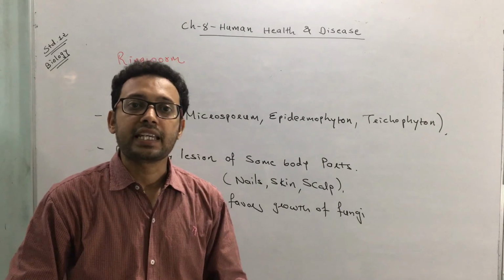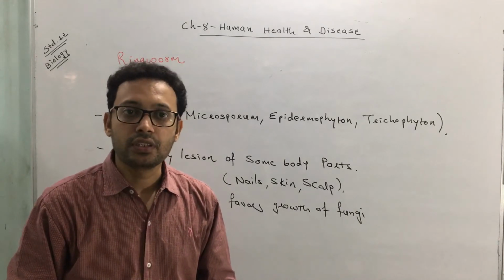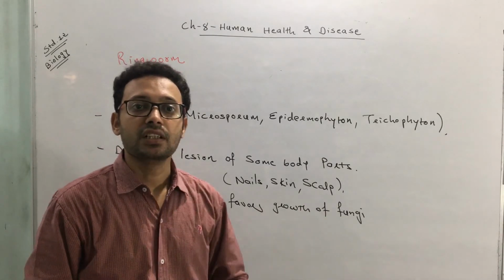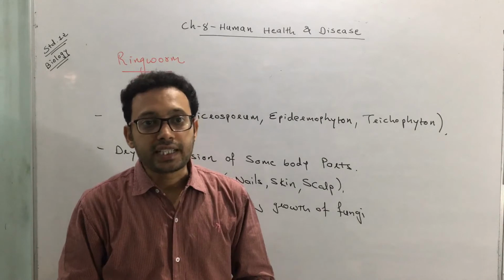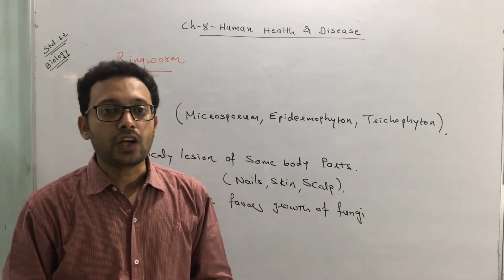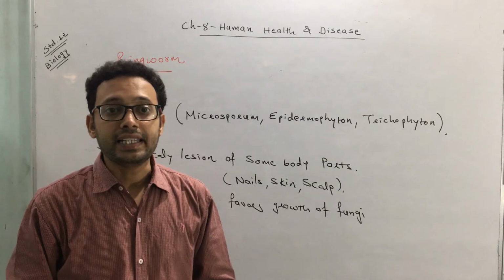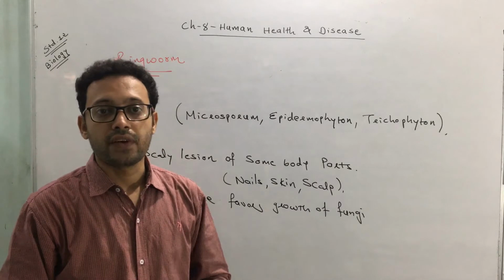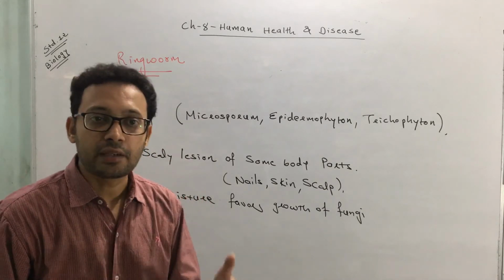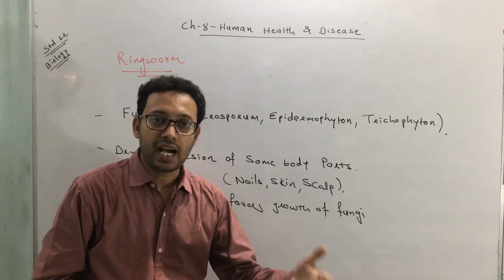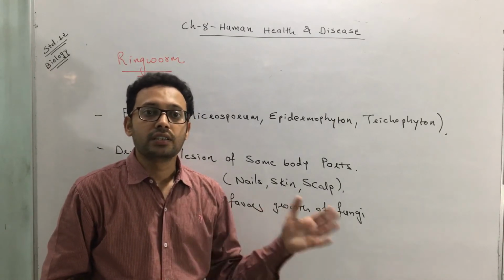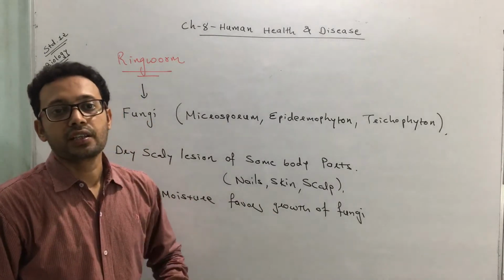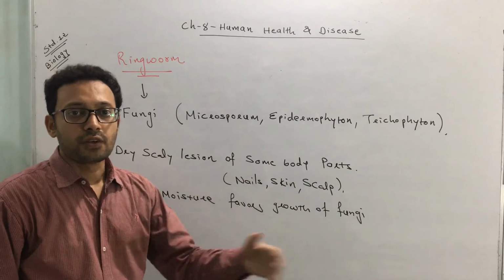For example, in the armpit and the groin region, these fungi can easily grow because the heat and moisture favor their growth. So it is necessary that you keep your body clean and neat, so this fungi doesn't grow on your body parts. Okay, so this is one way you can prevent this disease.